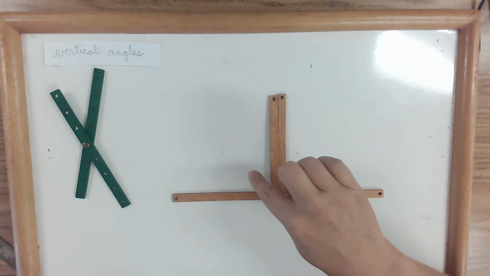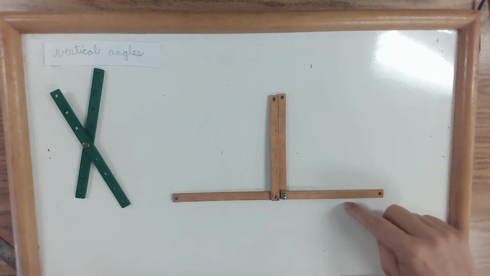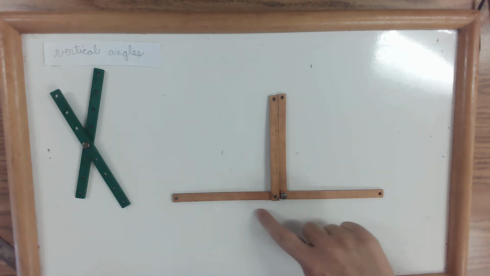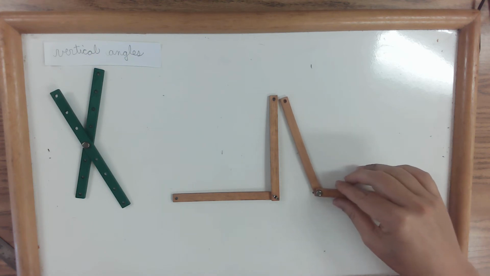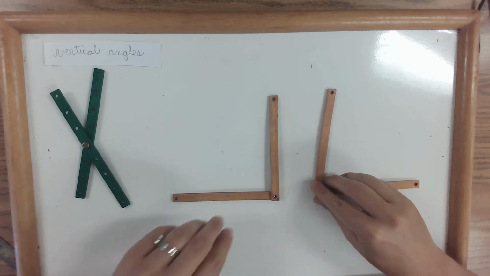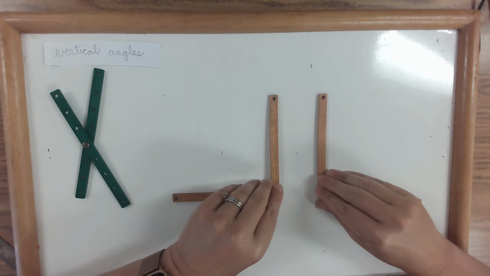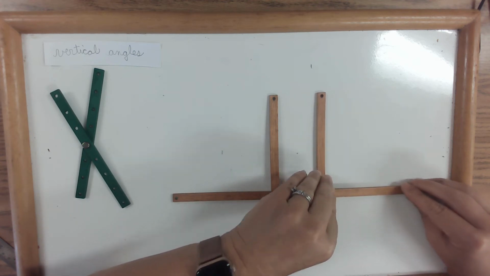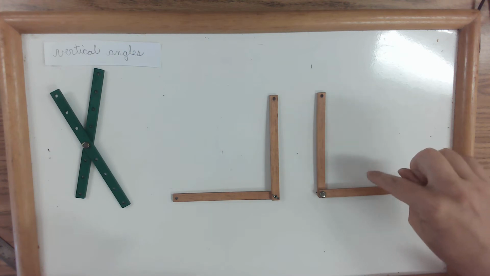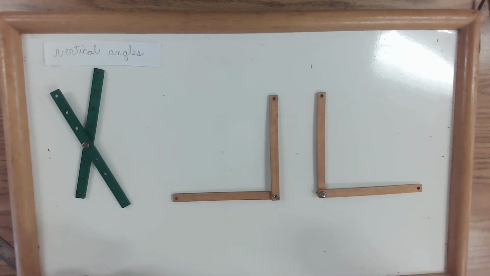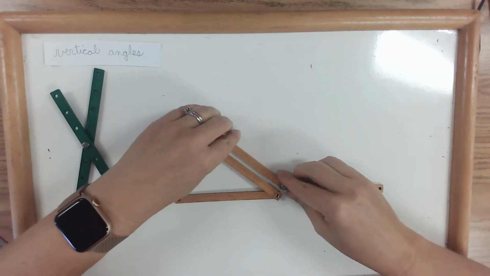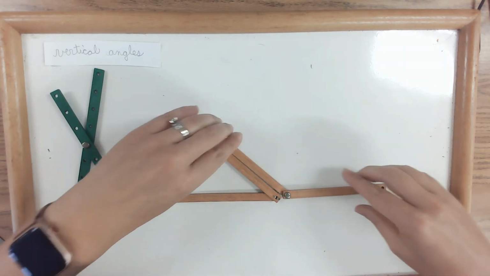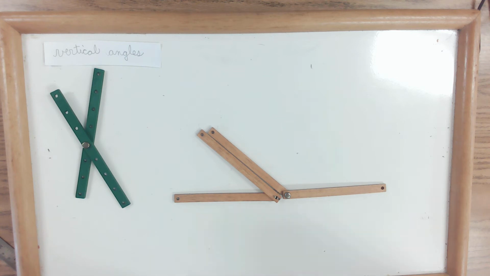Now we can see that these two angles added together, their outside legs together make a straight angle. If they move apart, it doesn't matter if they're exactly touching, as long as the two angles add up together to be 180 degrees. Now, you can have this. This is also a straight angle.